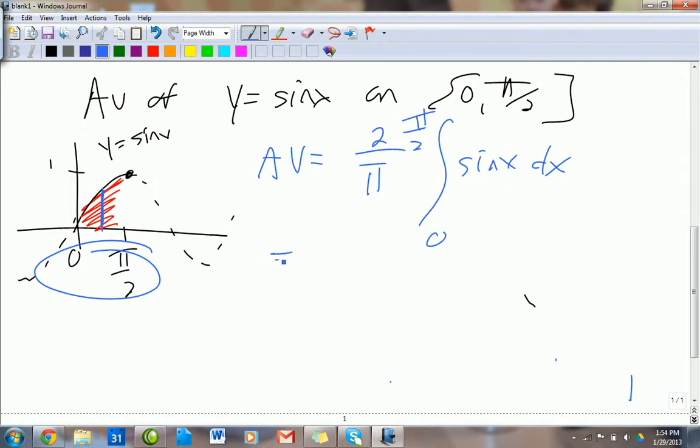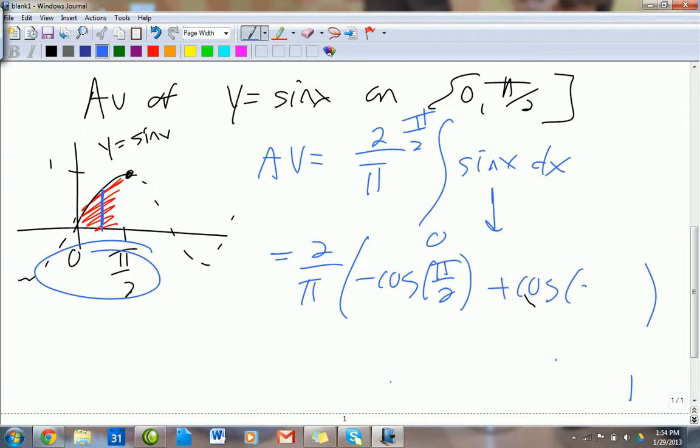Okay? So I'm going to take that 2 over pi, and to find the definite integral, I use the fundamental theorem of calculus, part 2. The antiderivative of sine is negative cosine. I'm going to plug in pi over 2 minus negative cosine 0. And then everything gets multiplied by 2 over pi at the very end.